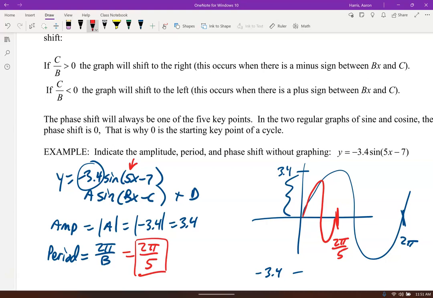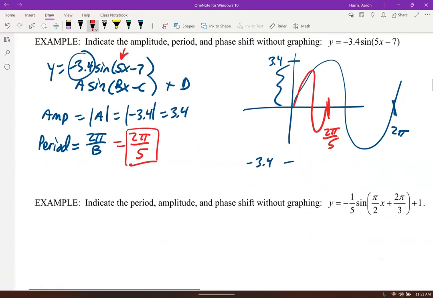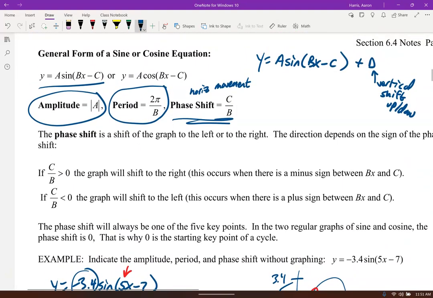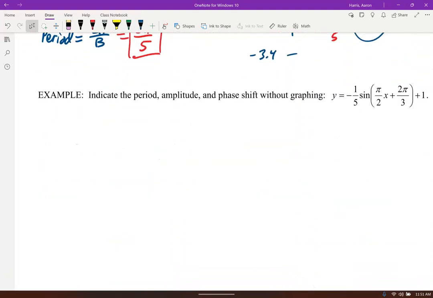And that's because of the k value, if you remember from your transformations. In fact, this is probably a good one to make a note of. If you have f of kx, these are notes on transformations from Math 126, from Pre-Calc 1.